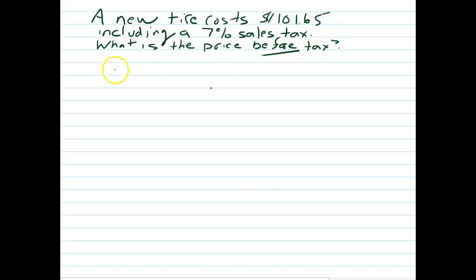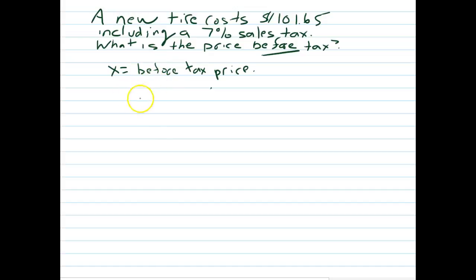So what we're going to do is let x, our variable, equal what it is that we're looking for, which is the before tax price of the tire. And then next, what I'm going to do is write an equation that comes from the words that we have there.